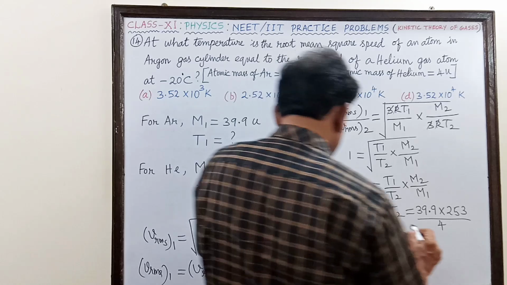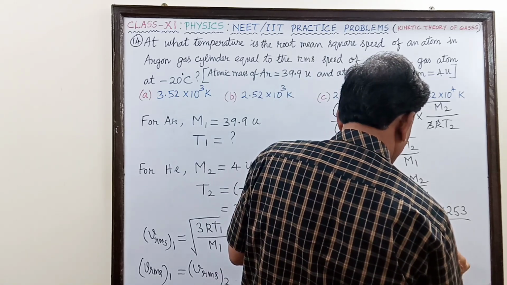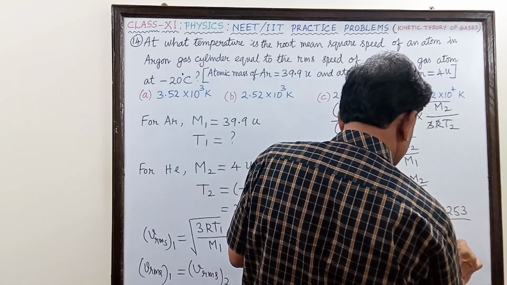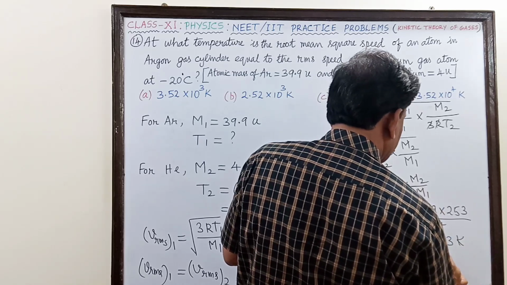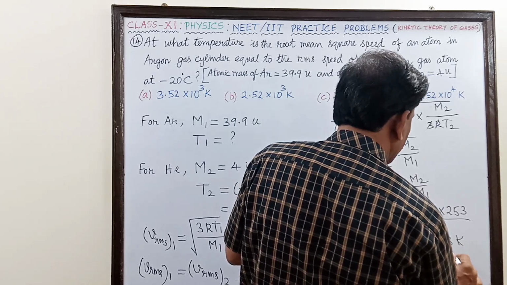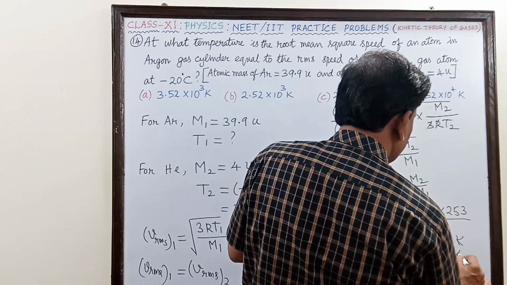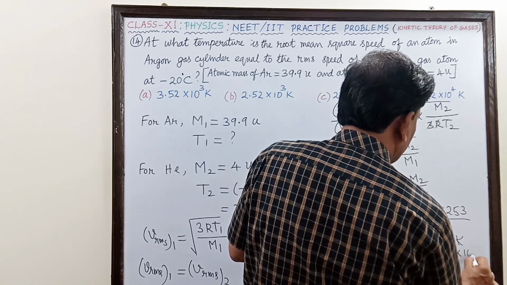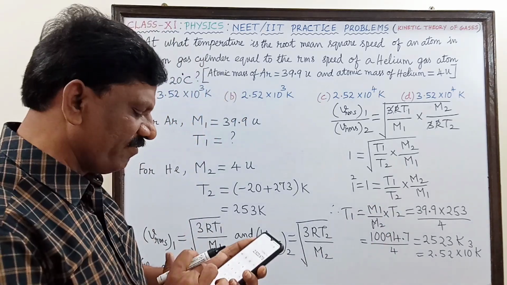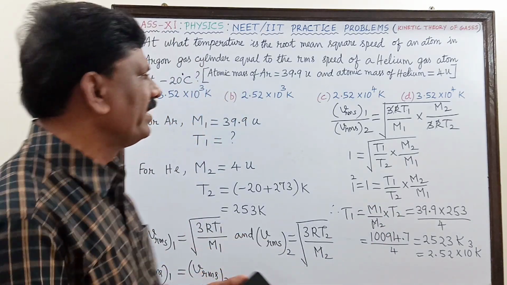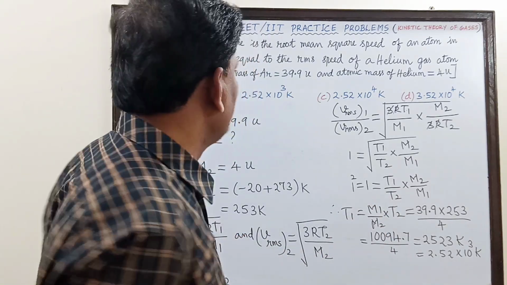So this is coming as roughly 2523 Kelvin. This can be written as 2.52 into 10 to the power 3 Kelvin. The last digit can be eliminated since it is less than 5. So I am getting 2.52 into 10 to the power of 3 Kelvin.